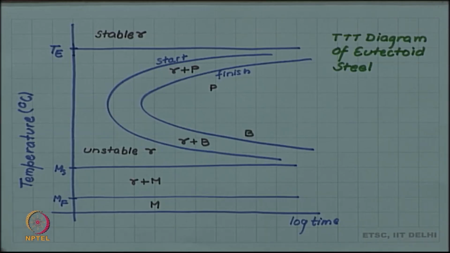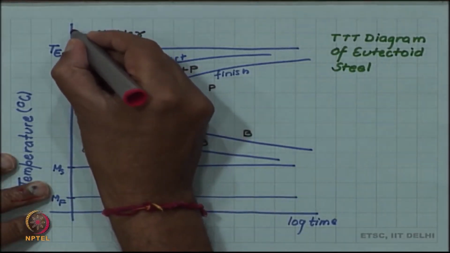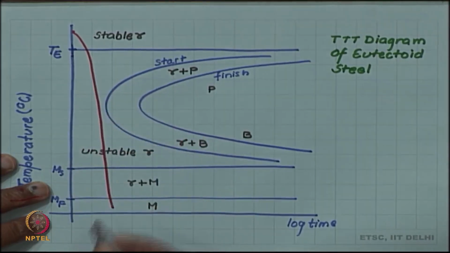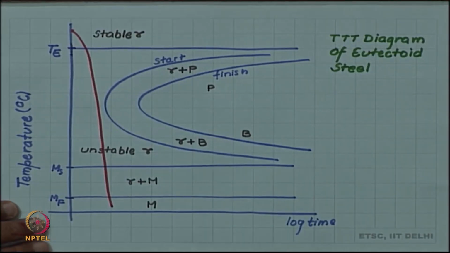We have seen that on quenching we produce martensite, and this can be described by a TTT diagram like this, and we drew a single cooling curve or a quenching curve like this, giving us martensite.